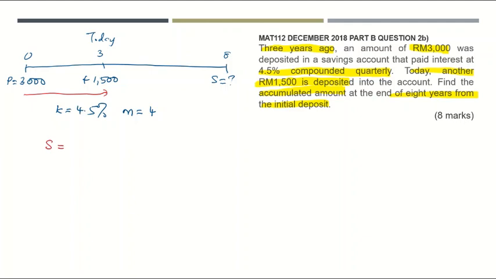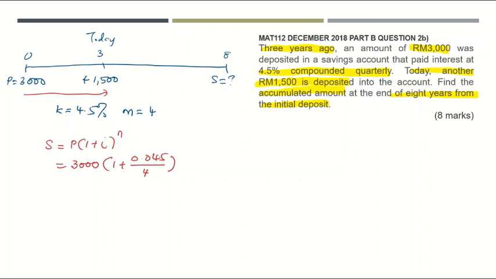S is equal to P times 1 plus I to the power of N. Here P is equal to 3000, and 1 plus I is simply K divided by M, which is 0.045 divided by 4, and N is the frequency M multiplied by the time in years.